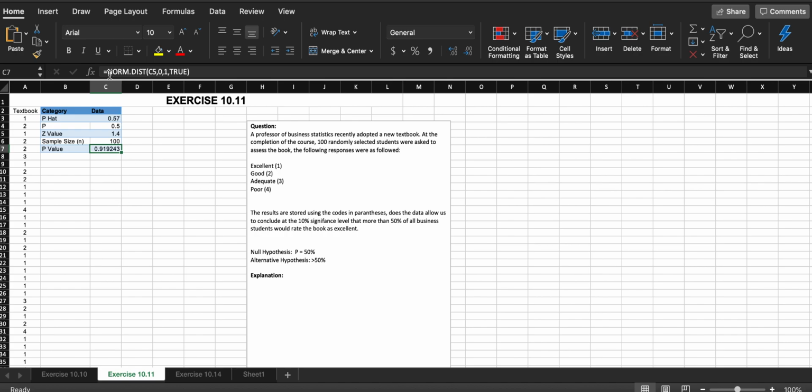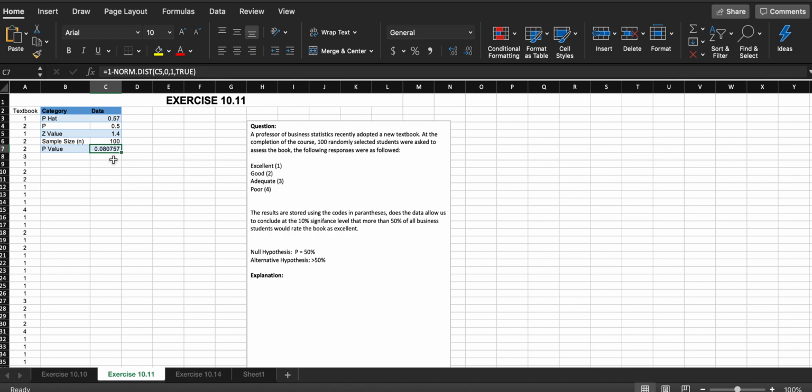So one thing that you should do, it's going to be 1 minus your norm.dist. And you should get a value of 0.08. Now you'll talk about this in class, why it's going to be 1 minus and why this value is, we're looking at the left-hand side tail of this test or the right-hand side.